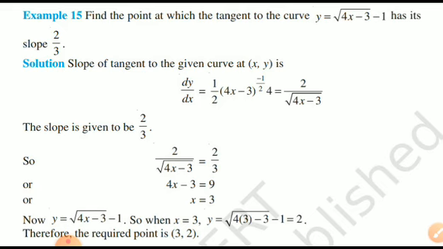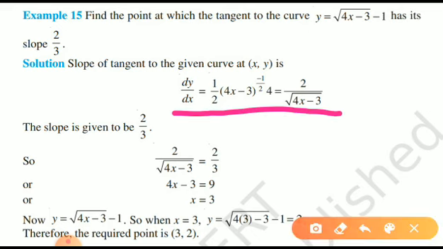So dy by dx equals 1 by 2 into (4x minus 3) raised to minus 1 by 2, into the derivative of 4x minus 3, which is 4. So it is 2 by root of 4x minus 3. But the slope is given to be 2 by 3.